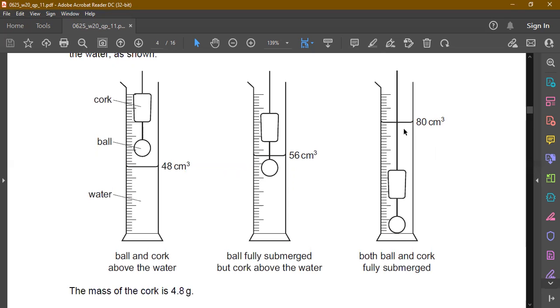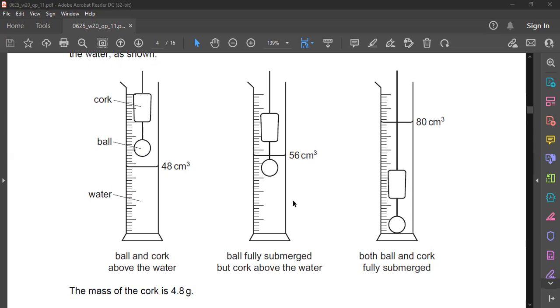So the difference between these two diagrams is the volume of the cork itself. Let's count: 80 minus 56 is 24. So 24 cubic centimeters is the volume of the cork.